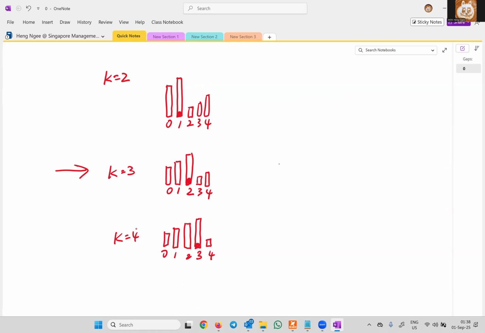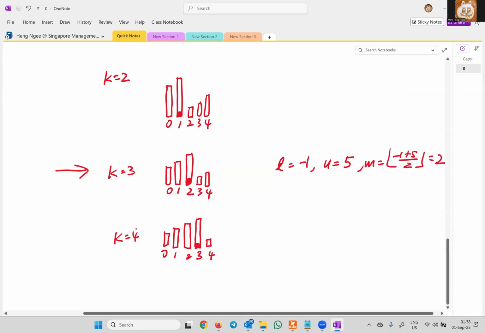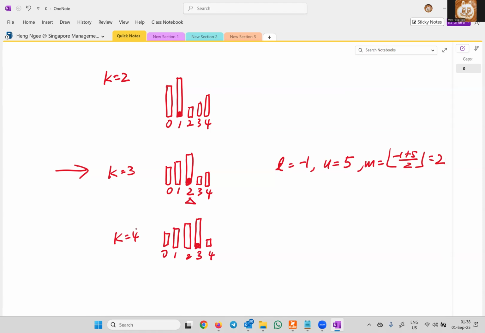So how do we find the midpoint? Lower equals -1, upper equals n. And the midpoint is actually (-1 + 5) over 2, which equals 2. This is the midpoint. Now, in this situation, we want to check if the midpoint is bigger than the element at its right, that means the element at position 3.